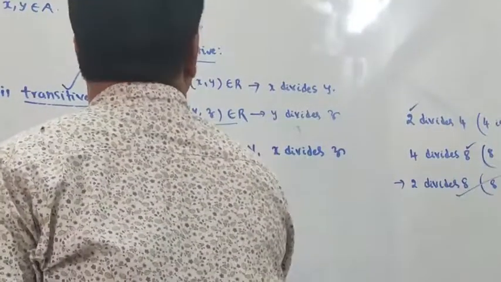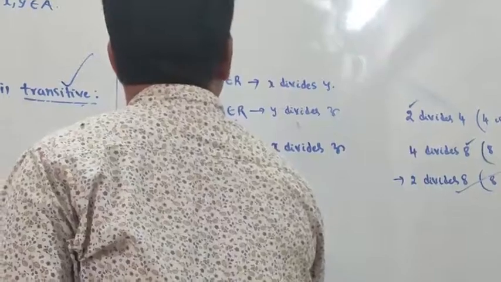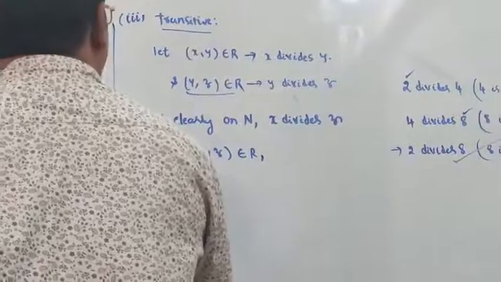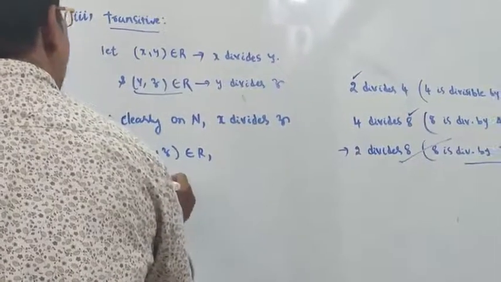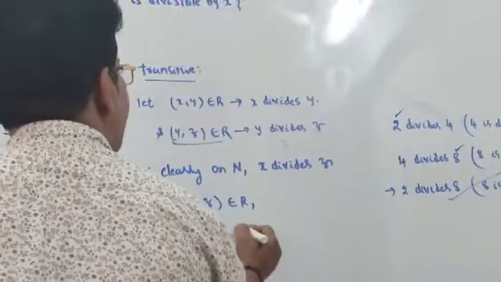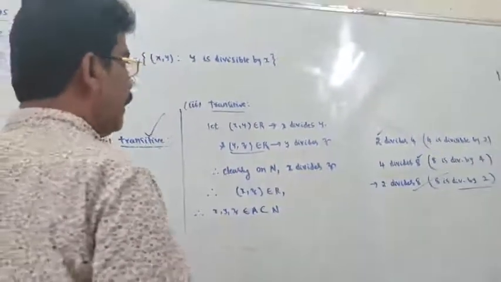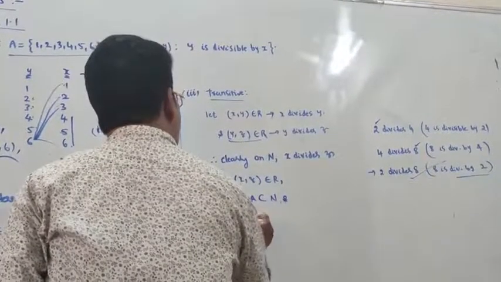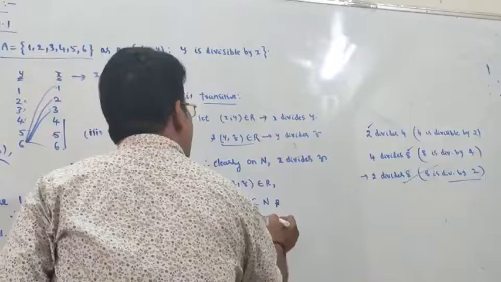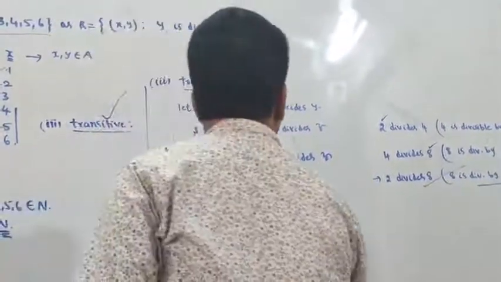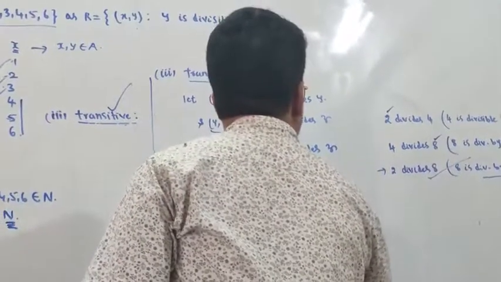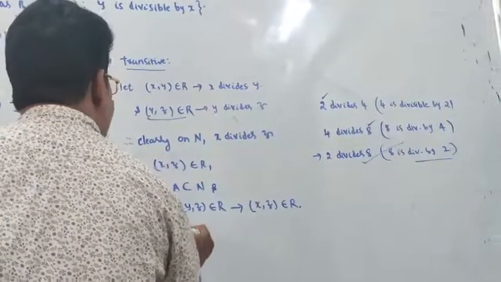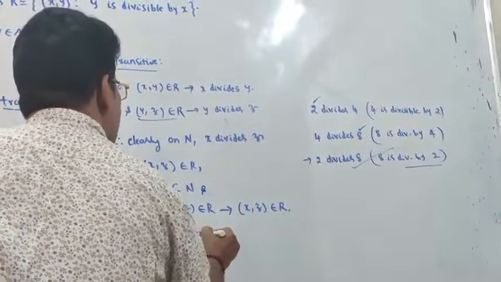Therefore x comma z also belongs to capital R. Therefore x comma y comma z belongs to capital A. Of course it is a subset of the natural numbers, and if x comma y and y comma z belong to capital R, then x comma z also belongs to capital R. Therefore R is transitive.